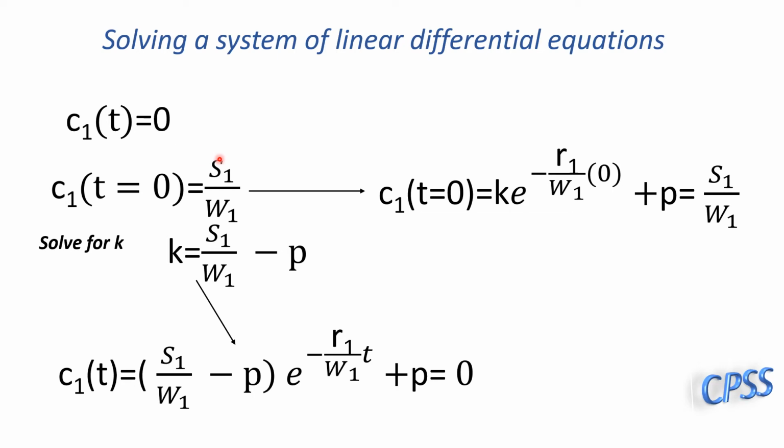When we apply that here and set this equal to S1 over W1, we get this solution, the solution with the initial condition. Then we need to set this equal to 0 and solve for t.